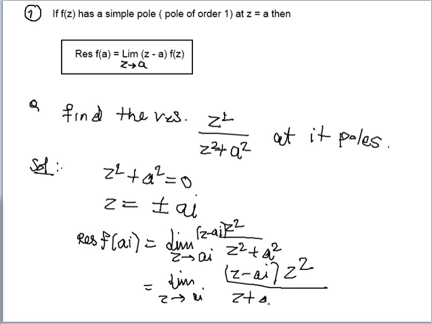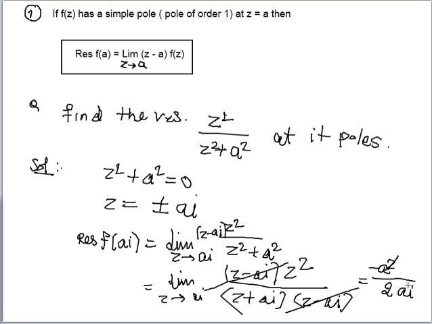Now we apply the limit, then it gives a square iota square, which is minus a square, upon a iota plus a iota. A iota plus a iota is 2 a iota. Clear? One a cancels with a. So what remains is minus a upon 2 iota. Now we remove iota from the denominator.